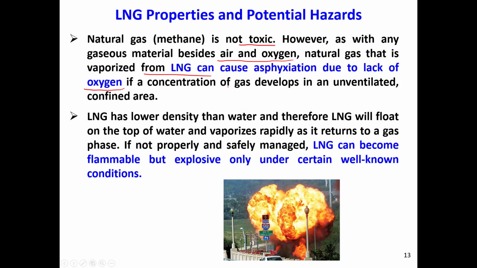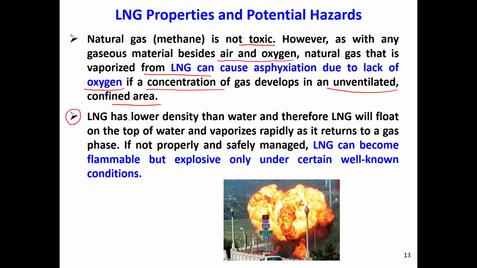So if you are exposed to a large concentration of LNG vapor, you can have breathing problems and some serious damage to your body. And this can happen if you are exposed to a high concentration in an unventilated, closed area.